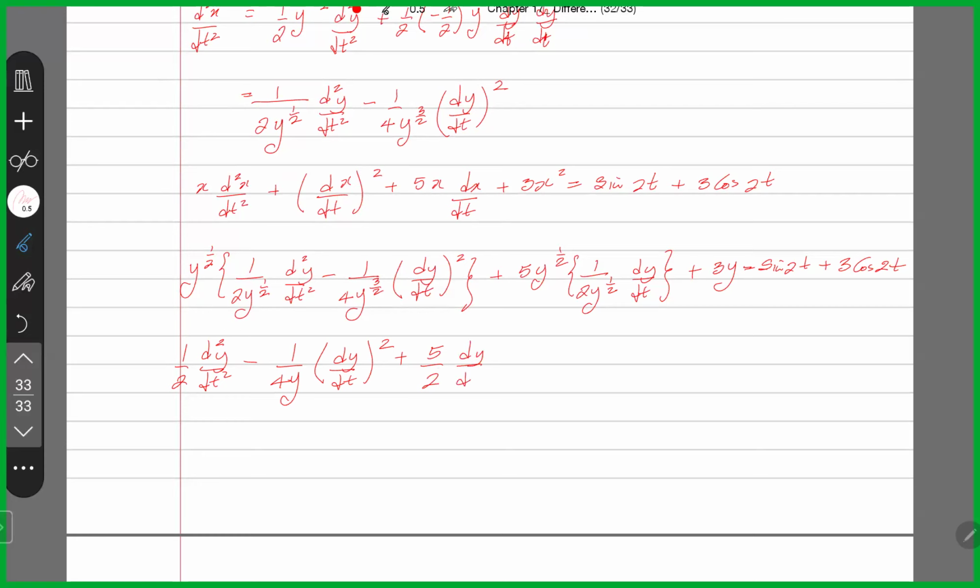No, something is missing. What is missing is this. It's missing from here. So let's put it in.